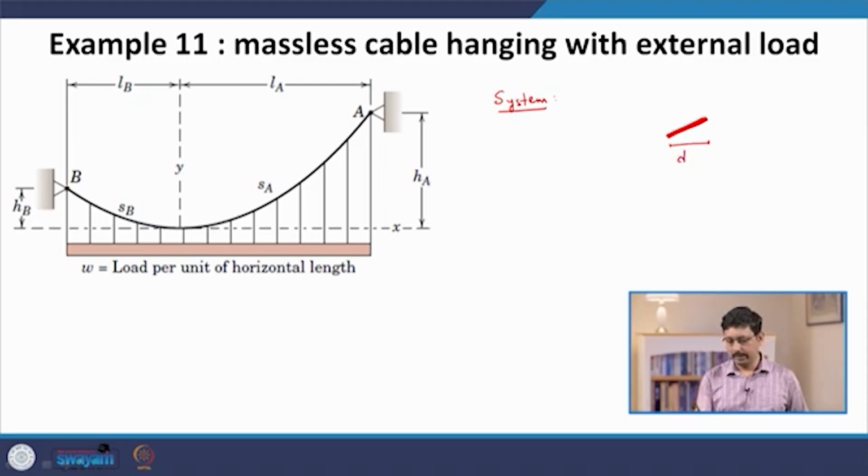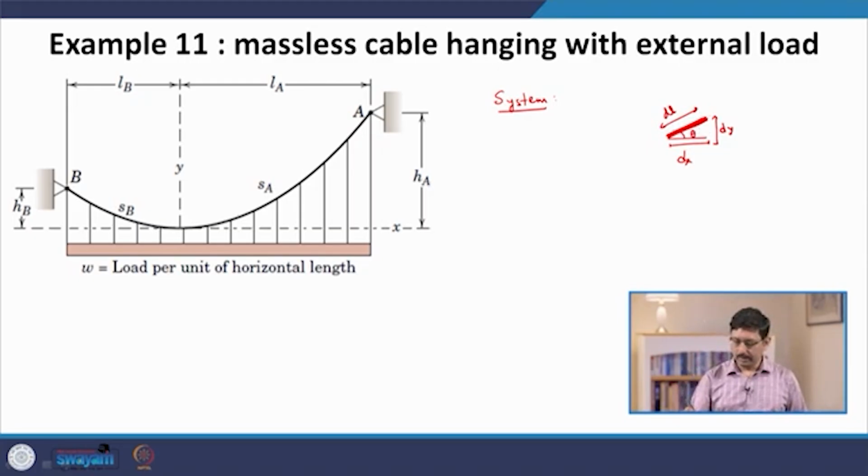Let us say the horizontal length is dx, the vertical length is dy, and this length is dl. It is a small piece of rope, and this piece makes an angle theta with the horizontal, with the x axis.